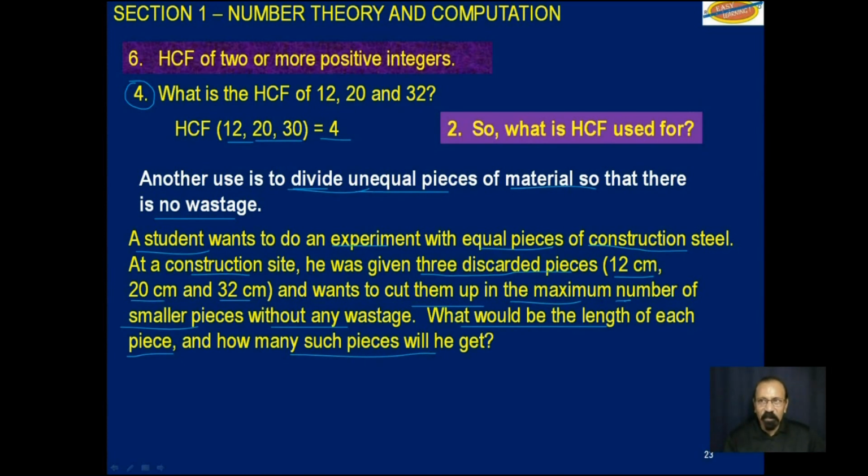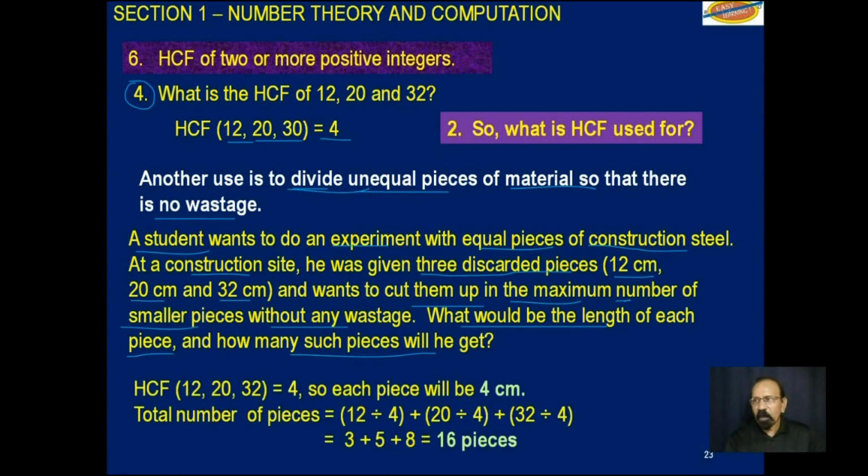Looks kind of difficult to begin with. Let's use HCF to solve this problem. Now we know the HCF of 12, 20, and 32 is 4. So right there is your answer. Each piece will be 4 centimeters long without any wastage. Total number of pieces would be 12 divided by 4. That's from this one.